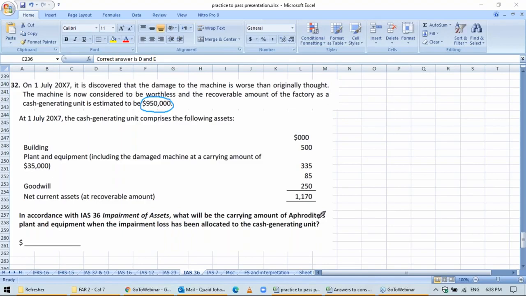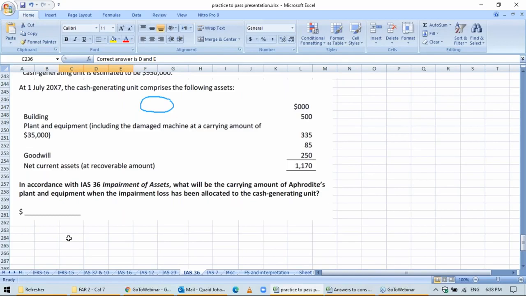So impairment loss has taken place. What is the impairment loss? It is 220,000, first of all, right? So please remember the sequence. How am I doing it? First of all, I pick the carrying value of the cash generating unit, which is 1170. And what is the recoverable amount?